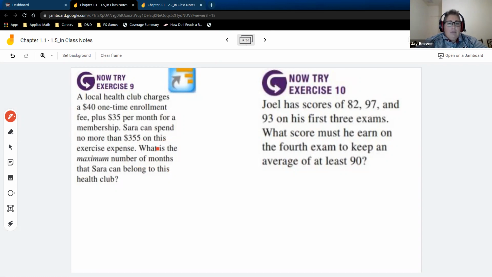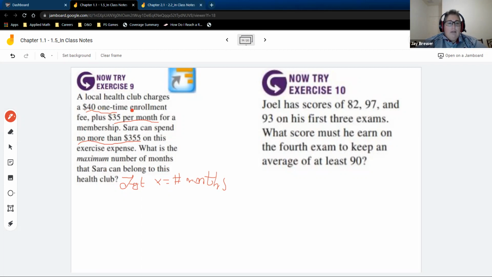So the first thing we want to do is a let statement. We're going to let X equal number of months. Okay. So the next thing we have to do is figure out the numbers that we care about in the key phrases.